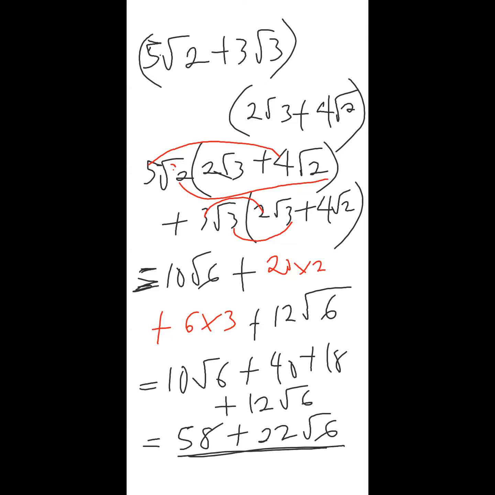So next class, we are going to continue from rationalization of surds. There is single rationalization and double rationalization, and double rationalization will lead us to the concept of conjugates. We talk about conjugate surds, and after that, we'll talk about substitution in surds and then equality of surds.